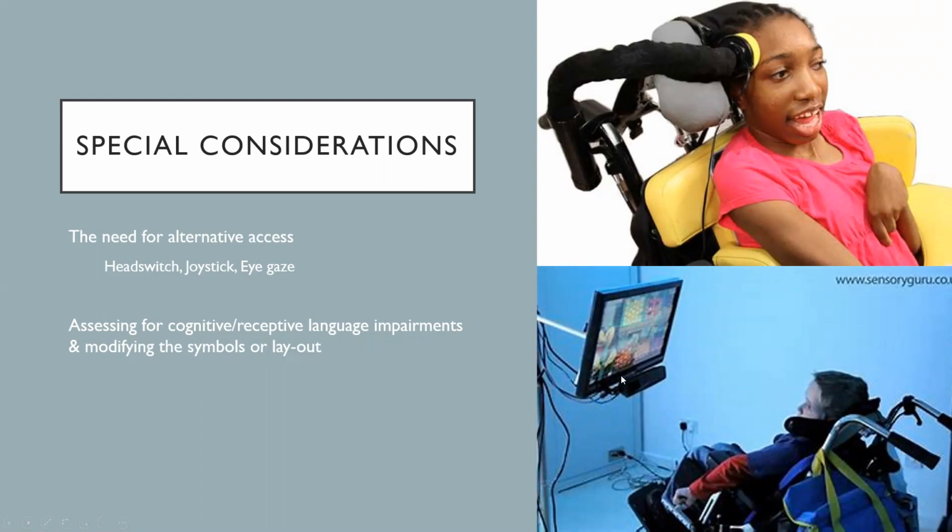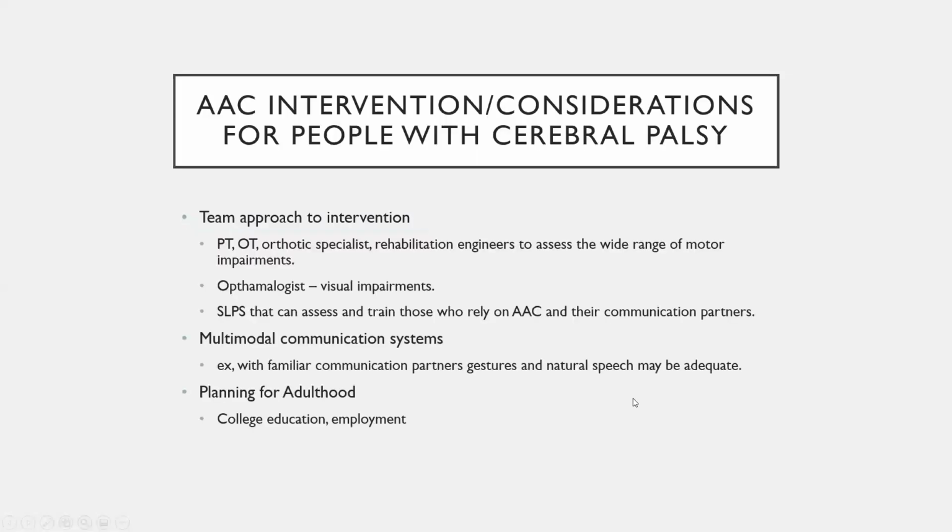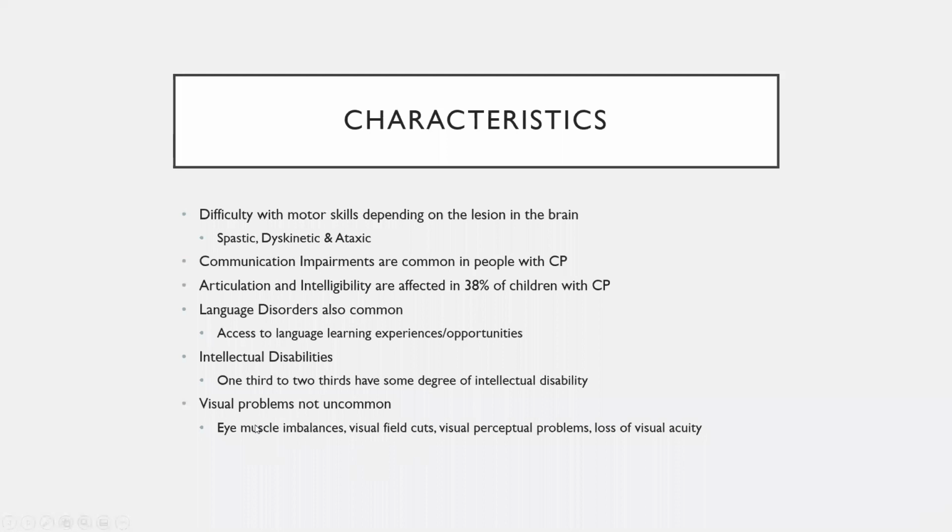Now, what wasn't shown, but what I do want to also mention is eye gaze. So if you could see my cursor here on the screen, this is an eye gaze accessory. And there are times when the symptoms from the CP, so those motor movements, are so drastically impaired that a user might need eye gaze. Now, as we discussed, I'll go back a couple of slides, that visual problems are not uncommon.